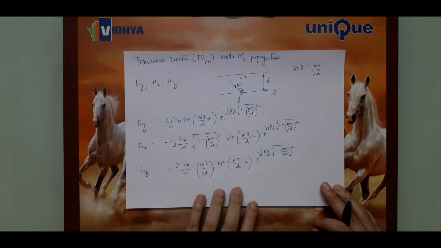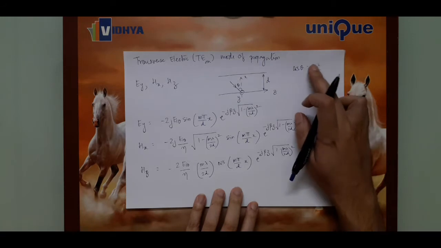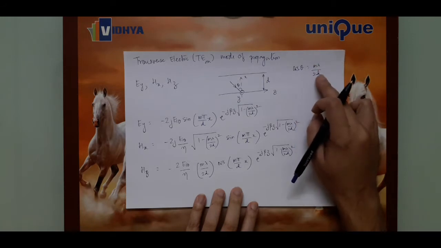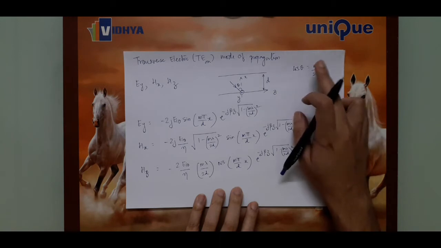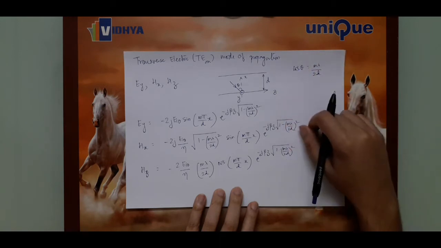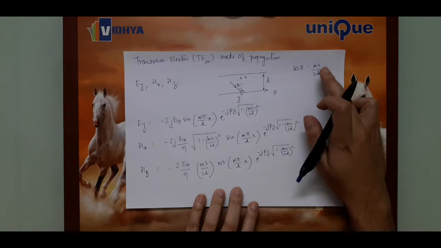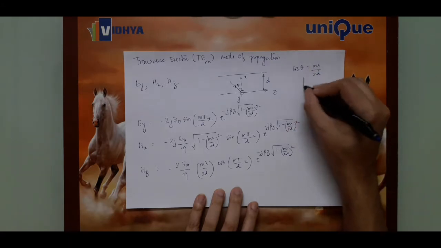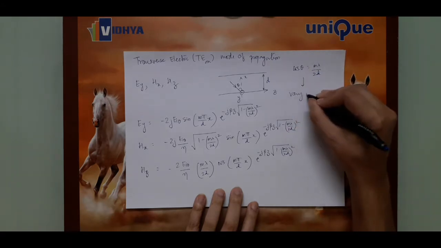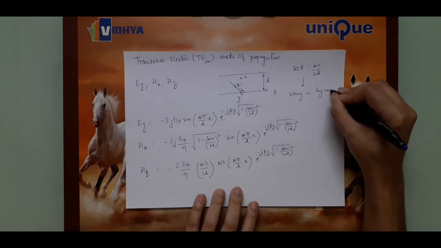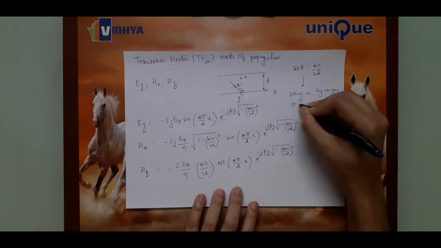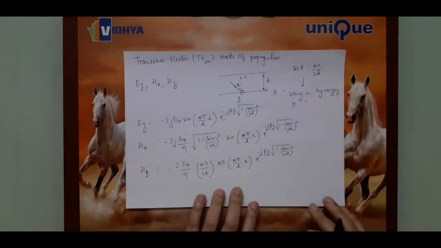So we saw that we can vary m by changing d, or if you want to fix d, then m can be varied by changing theta. And most of the time this is what we do. So we essentially vary m by varying theta. This is what is important.